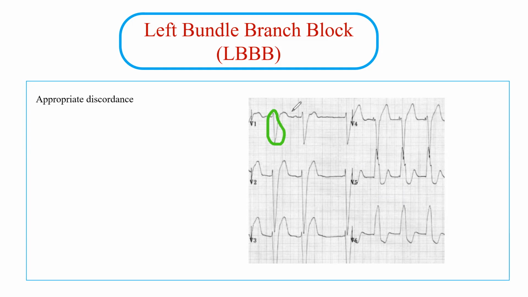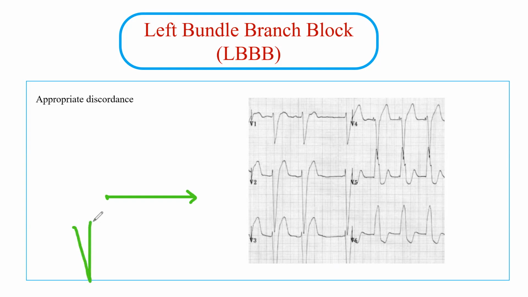And there is some discordance between them. Just to remember this: in left bundle branch block, the electricity is traveling from the right ventricle to the left ventricle, so leads V1 and V2 give me the S wave.